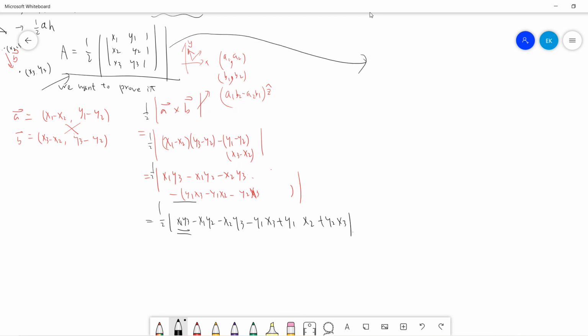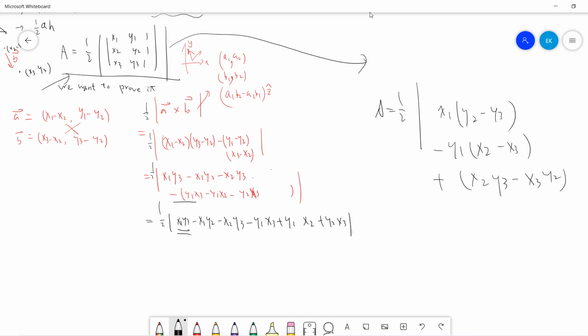Now if I expand the determinant, I get a half times x1 (y2 minus y3) minus y1 (x2 minus x3) plus (x2 y3 minus x3 y2). This is the expansion of the determinant.